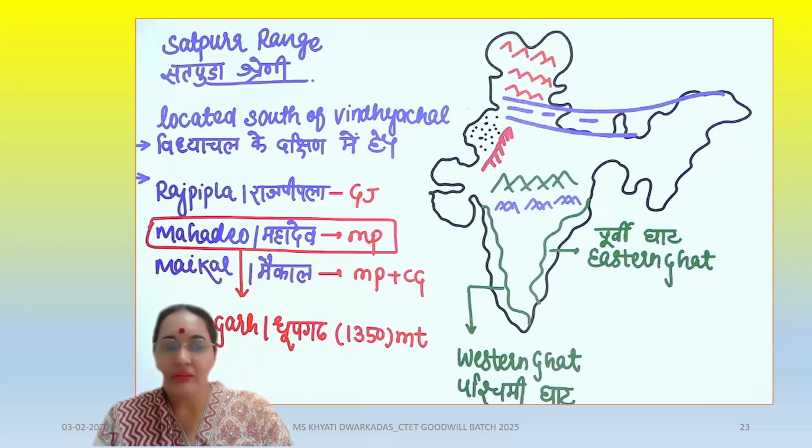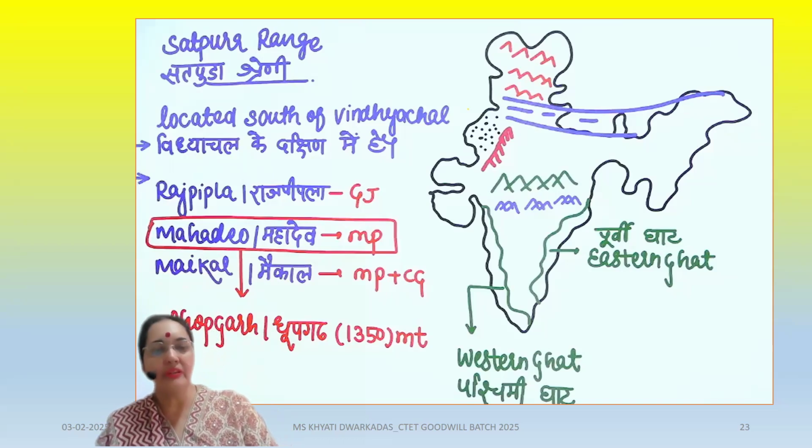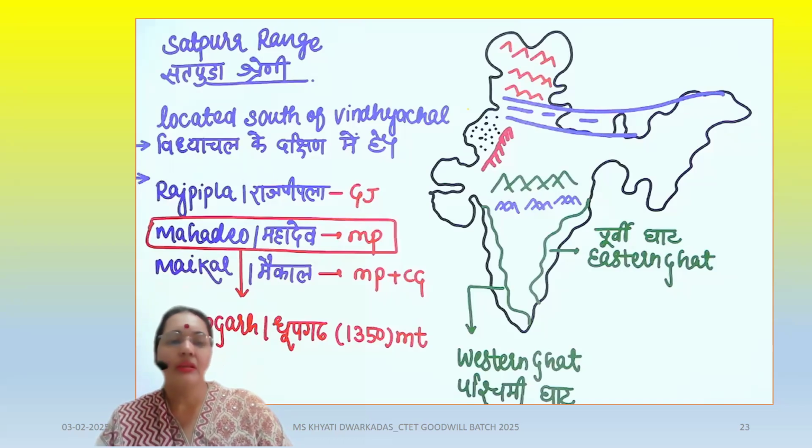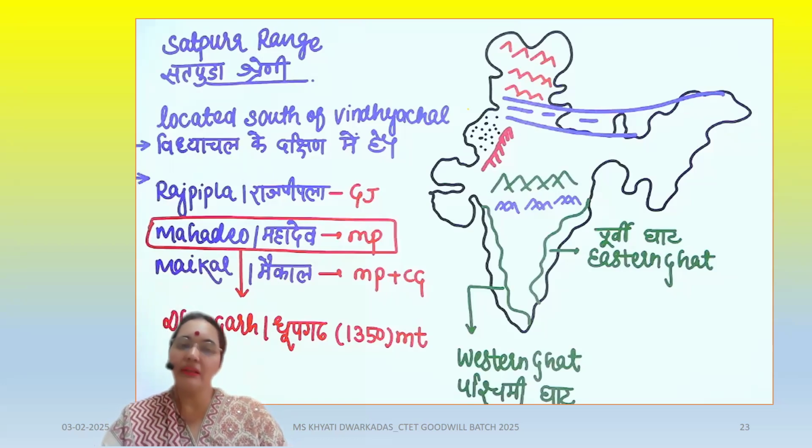Dhupgarh is not a very important peak to remember, but there's no harm in knowing Dhupgarh is a peak in the Mahadev Hills.